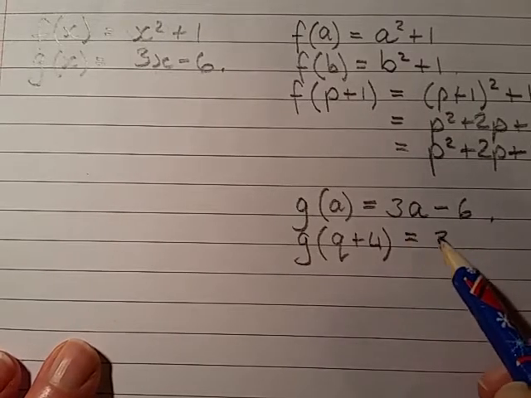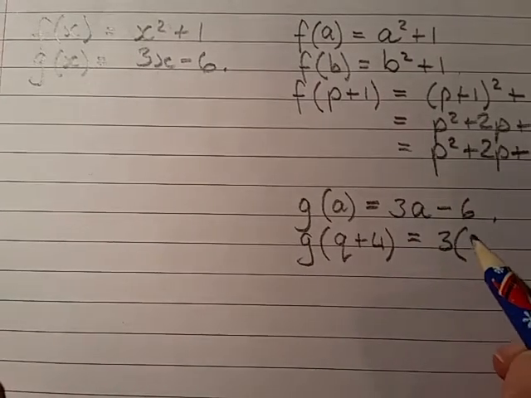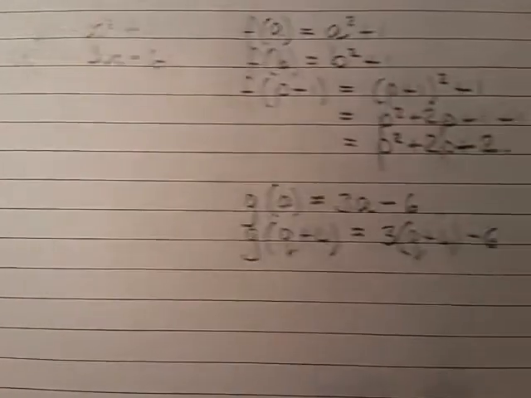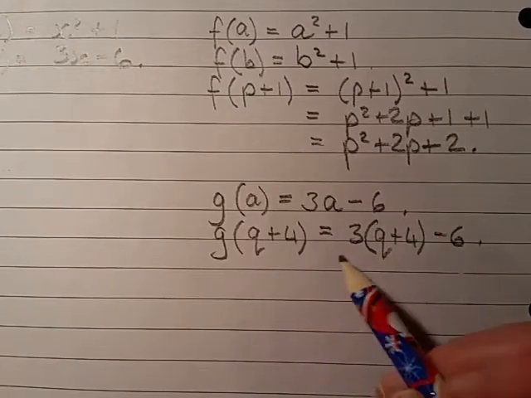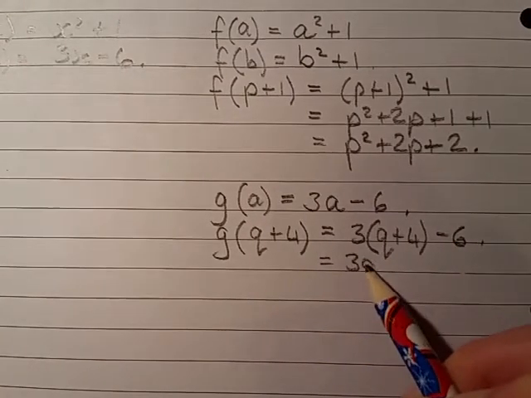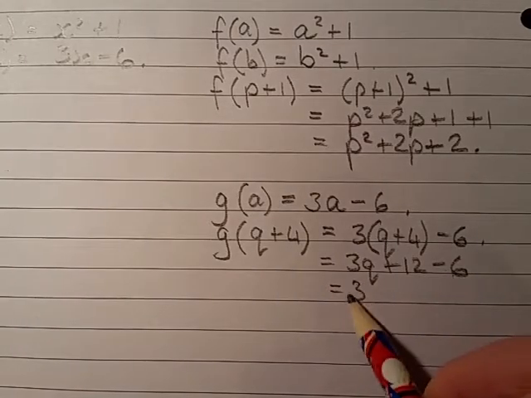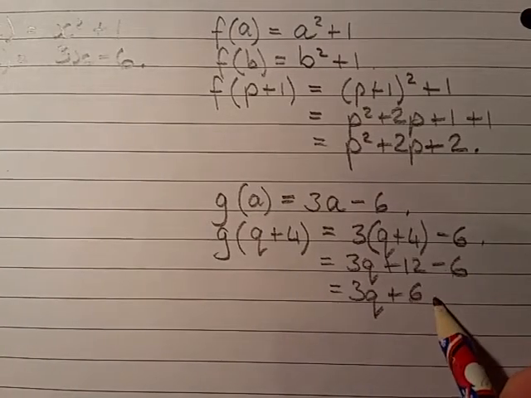Well, it's 3 times whatever you put in, and that was q plus 4, take away 6. And then we'd multiply out the brackets just to keep it tidy. 3q plus 12 minus 6, which is 3q plus 6.